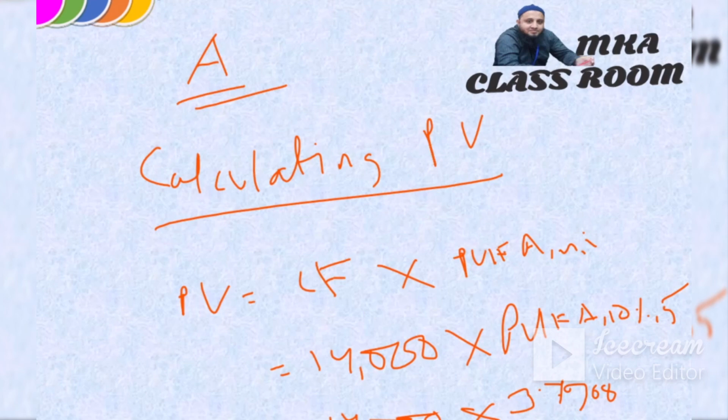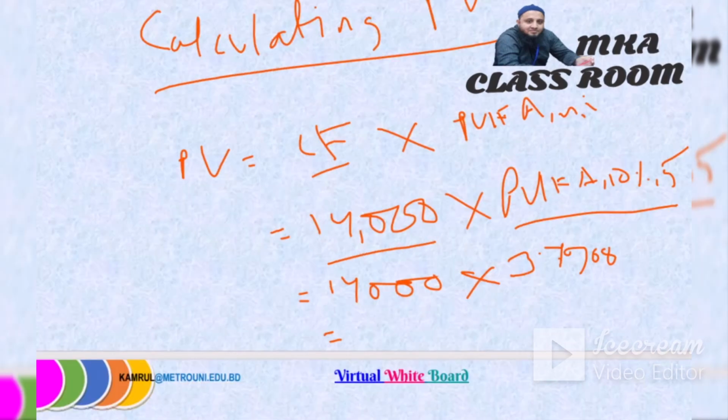So the cash flows are 14,000, and PVIFA is from the table, 10% and 5 years. So 14,000 times 3.7908, the result should be 53,071.20.